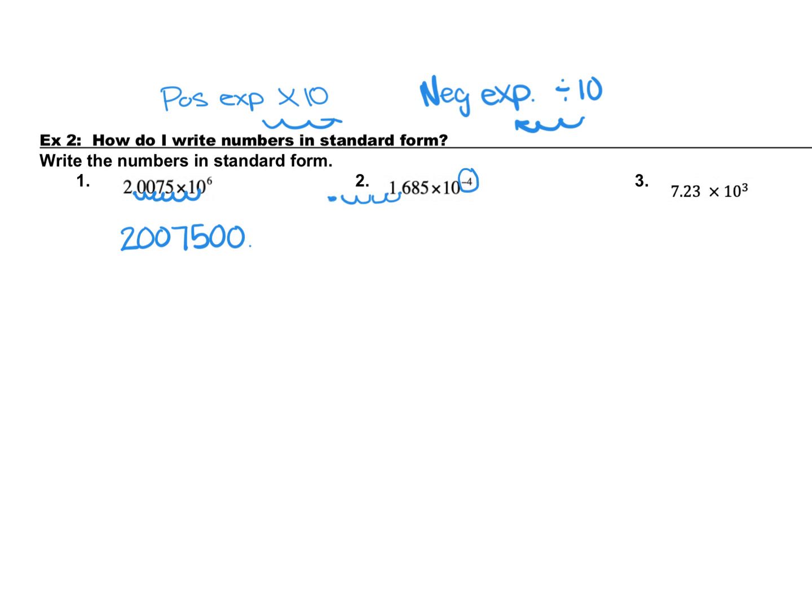Now, in order to have a placeholder then, we do have to put a decimal at the beginning. At the end, it doesn't matter, but at the beginning, in order to have a place for these 3 zeros, we then would need to have that decimal. So our answer, and you can put a 0 in front of it, 0.0001685 would be your answer.